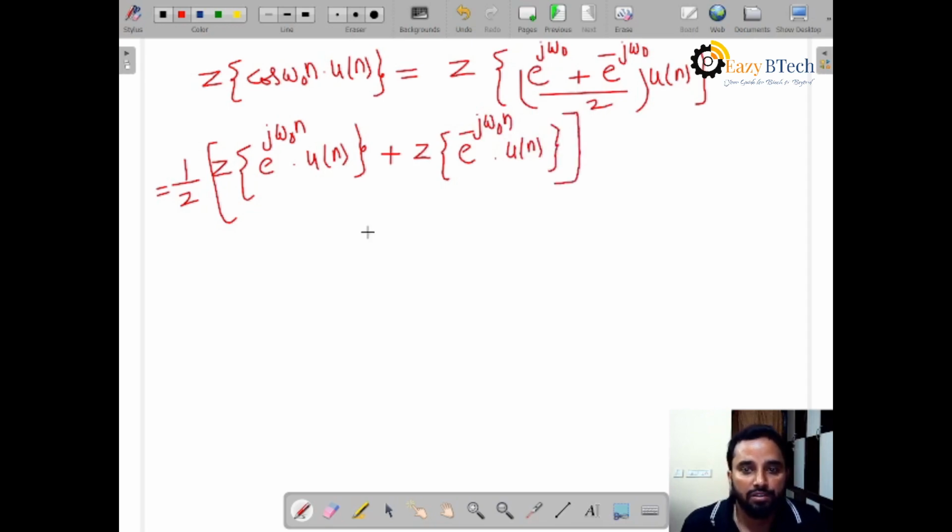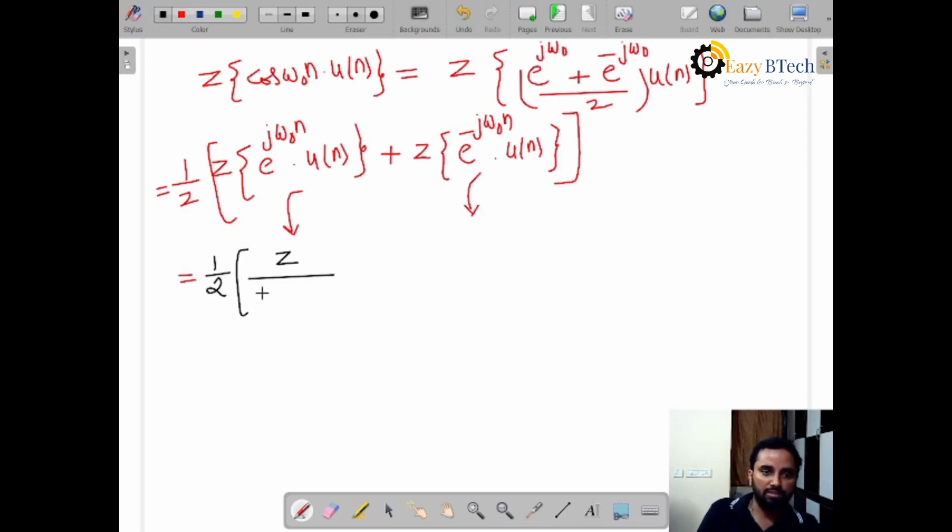So already we know these are like a power n, so already we know the Z transform and ROC. So I am writing now 1 by 2, for the first one z by z minus a, so z by z minus e to the power j omega naught plus z by z minus e to the power minus j omega naught.